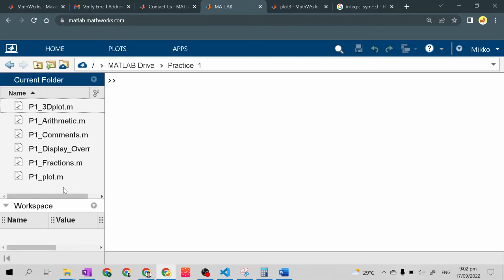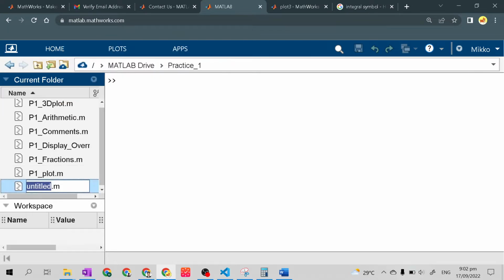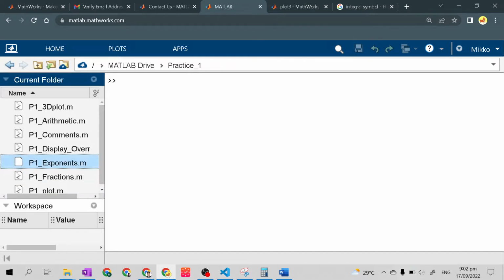So, exponents are really easy. Create a new script named Exponents. For exponents, you will use the caret.